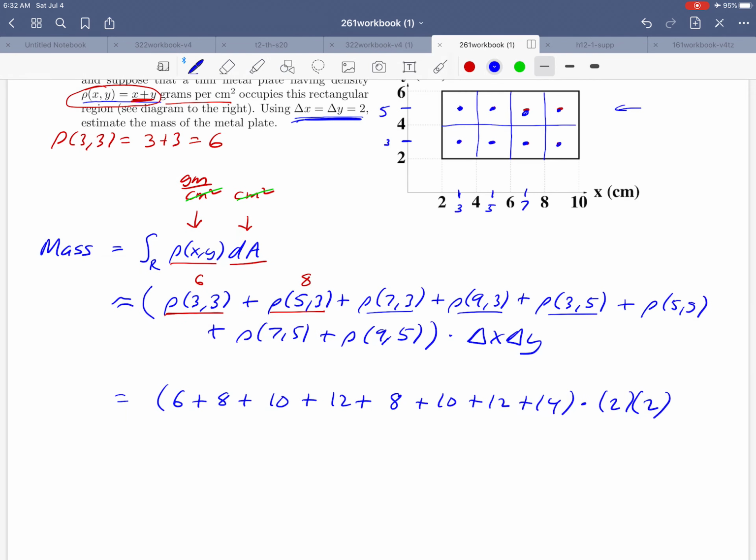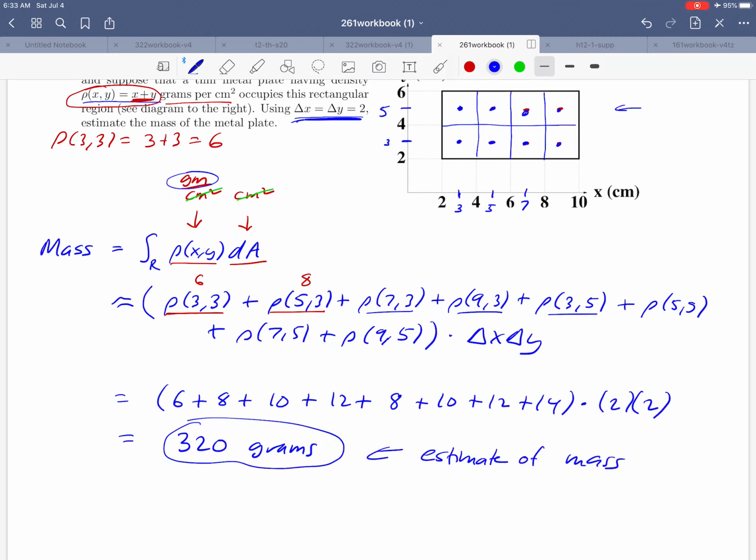The last thing to do is to go ahead and do the arithmetic, and if you do that, you're going to get 320. Notice that we already came to the conclusion that our unit should be grams, and so that turns out to be our best estimate of the mass of the plate.